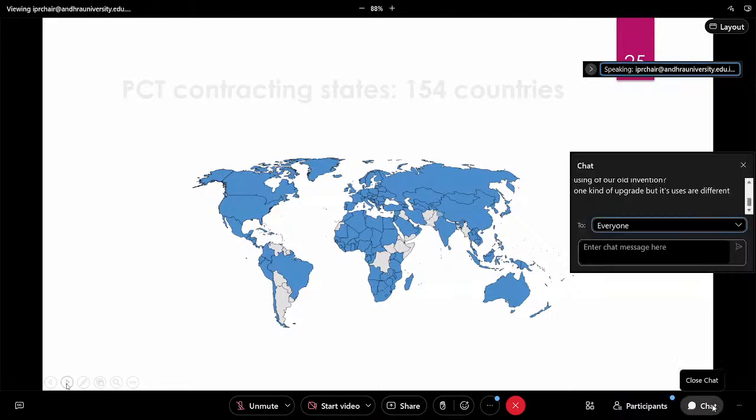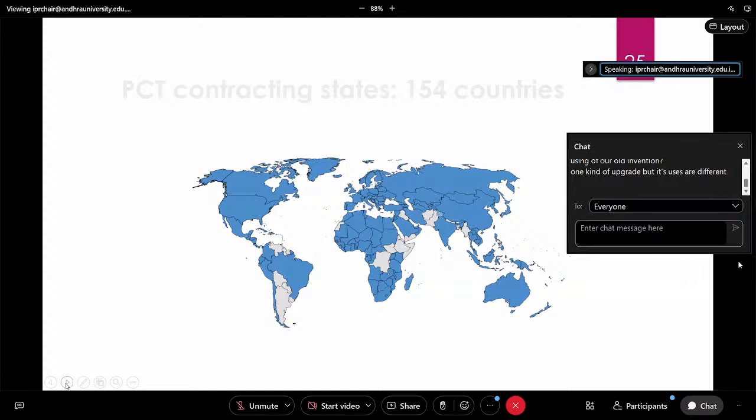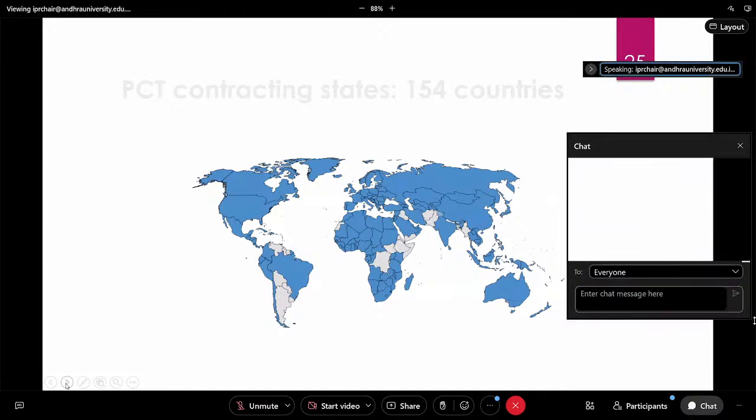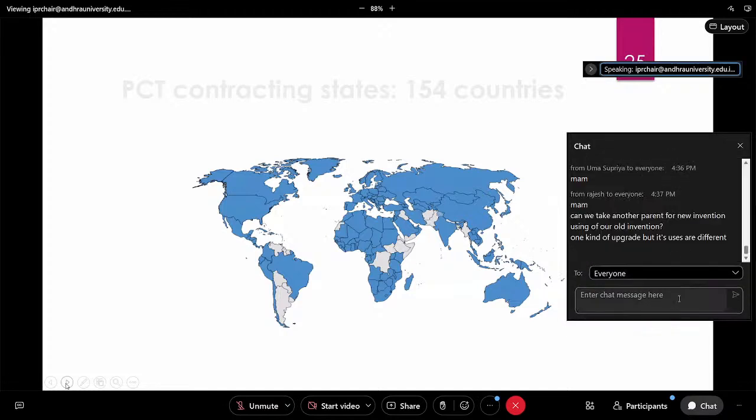So if you want to file in Pakistan or Nepal, you have to go through the Paris Convention, not through PCT. You can see Argentina is also not there in PCT. So some countries are not in PCT, and if you want to go to those countries, you have to go through the convention route.